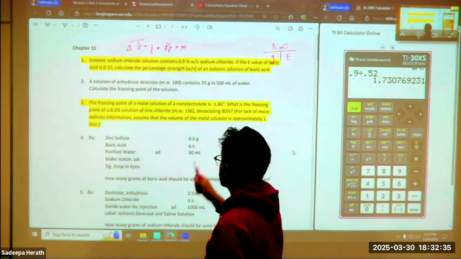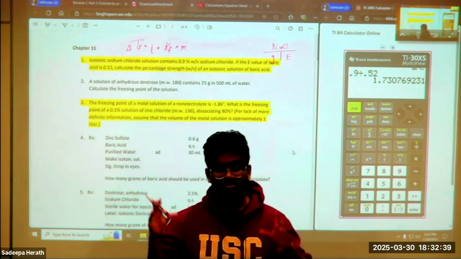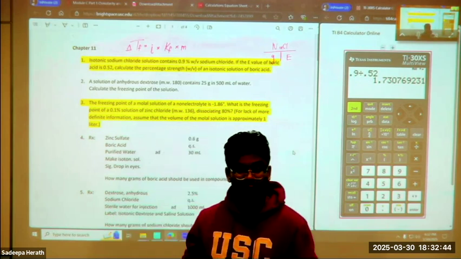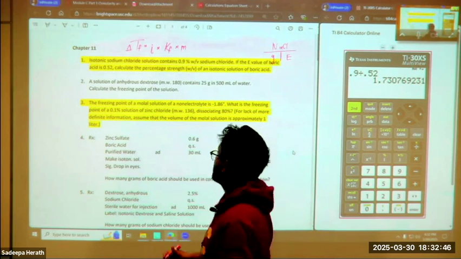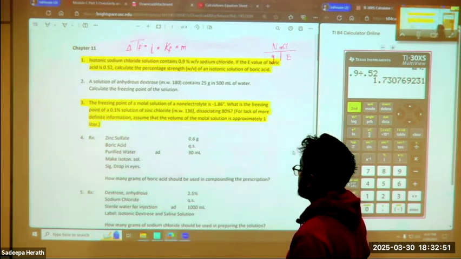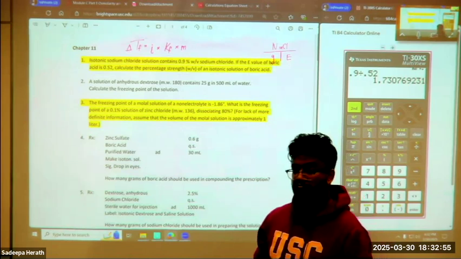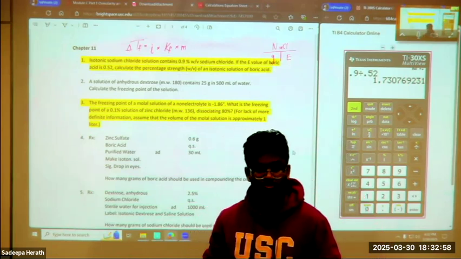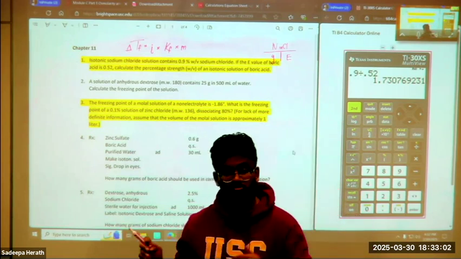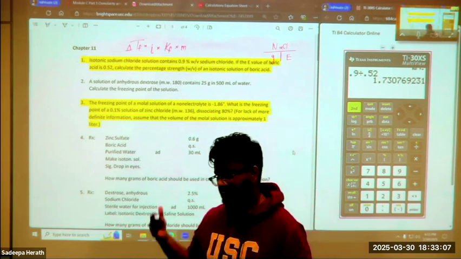To get that 2, you need to also make sure you say that 100% of this salt dissociates. We'll get into that in later questions. For dextrose, dextrose isn't something that dissociates in water. It just stays intact once put into water, so that factor is just going to be 1. Kf is, for lack of better words, the depression constant. It's a constant number that tells you that for every 1,000 grams of solvent, this solution will decrease the temperature by this amount of degrees.